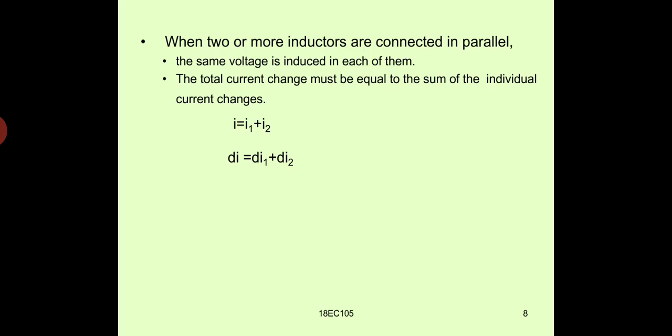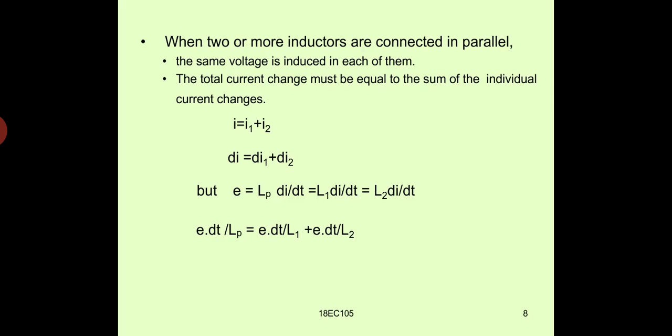Now E is equal to LP di by dt, which is equal to L1 di1 by dt, which is equal to L2 di2 by dt. We are talking of the voltage, so they have to be the same.